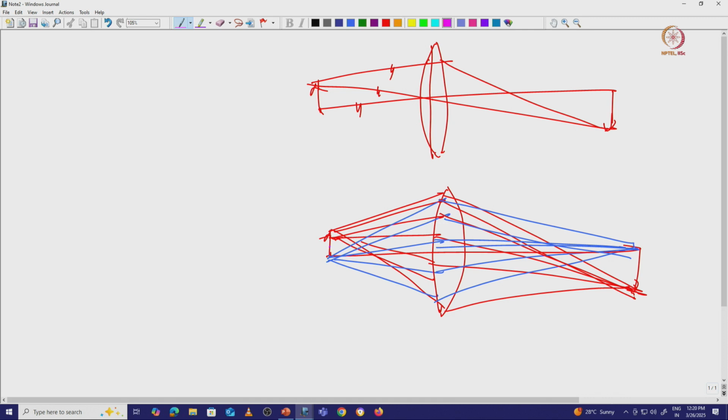Rays will again come at different orientations, right. All converge at one particular point and give us this. So whenever there is an object, rays can come out from any direction, and they will converge and give us this particular image.